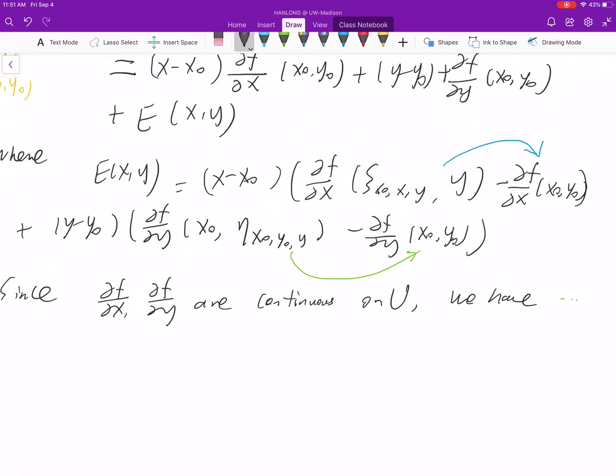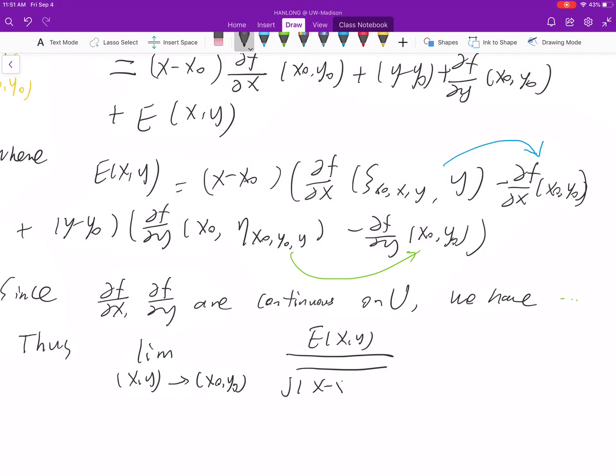And thus the limit of the error term is higher order. Therefore, by the definition, the partial derivatives give the total differentiation.